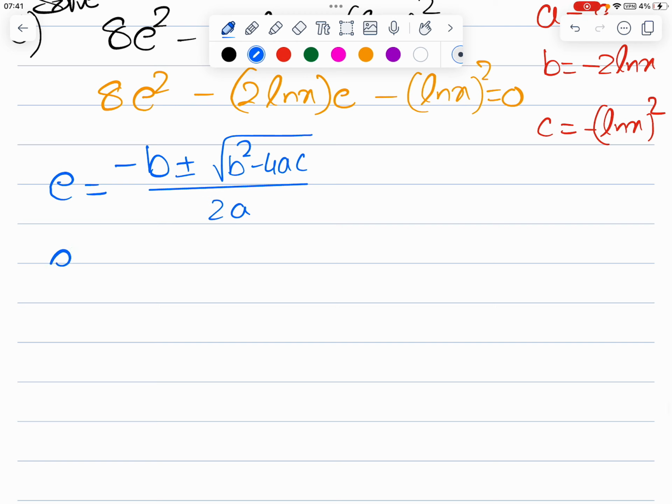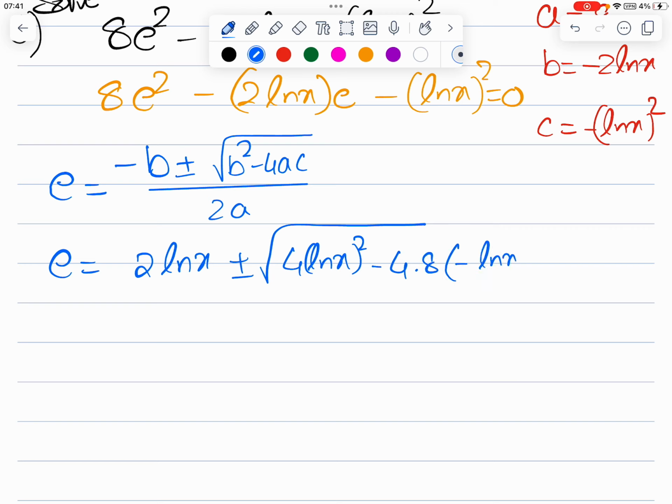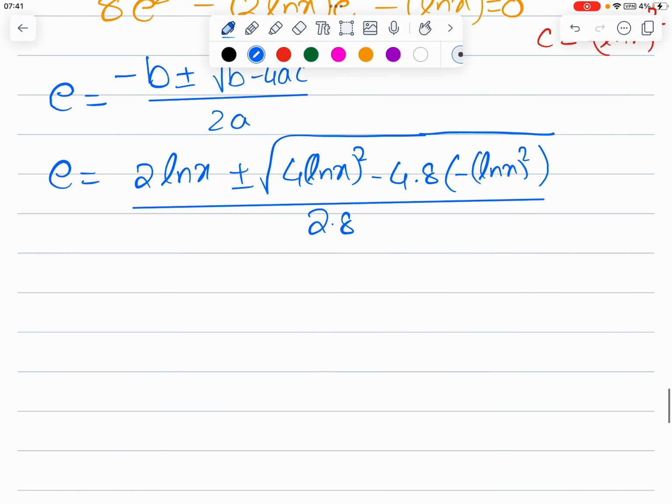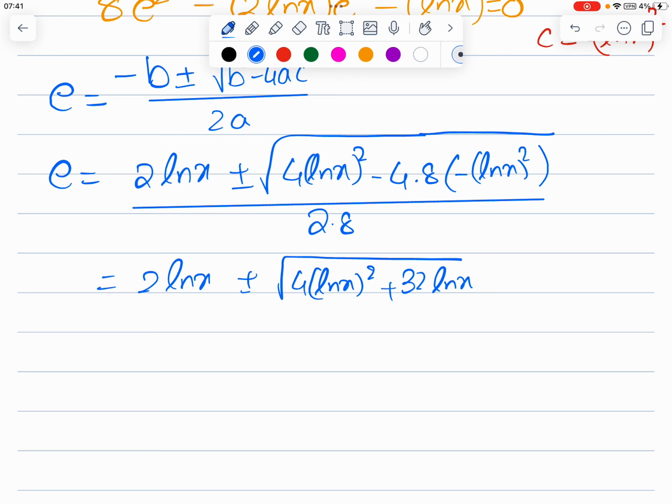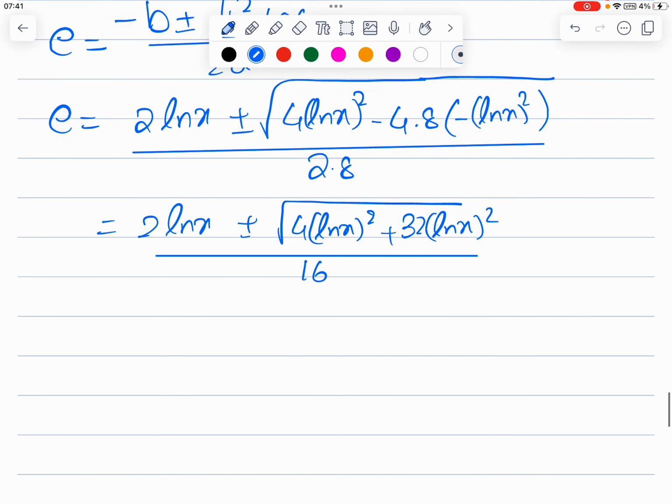So what do I get? e equals negative of negative 2 ln x plus or minus square root of (2 ln x)^2, so it becomes 4 (ln x)^2 minus 4 times a is 8, c is minus (ln x)^2, divided by 2a. 2 times a is 8. So it becomes 2 ln x plus or minus square root of 4 (ln x)^2 plus 32 (ln x)^2, divided by 16. So it becomes 36 (ln x)^2.